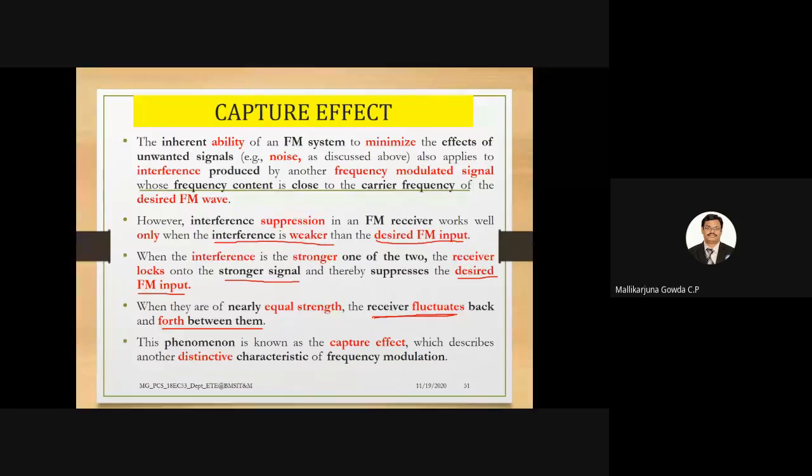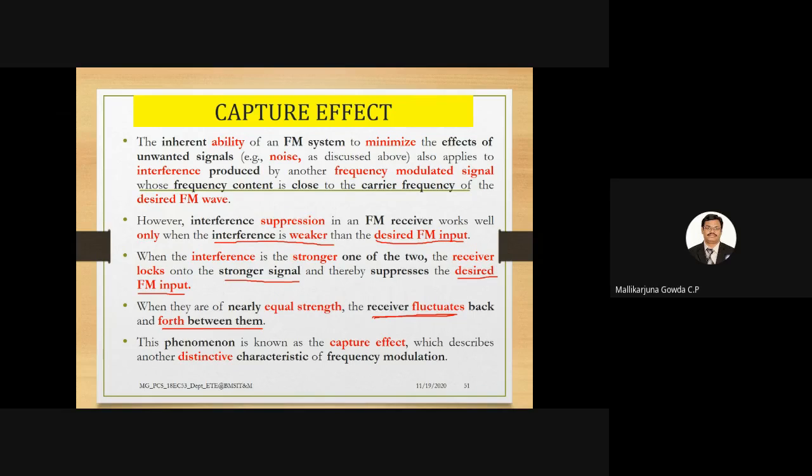When the interference, meaning the desired FM signal and the one which is near to the desired FM signal, right? One is the desired FM signal, and the other one is the undesired one. Why is that undesired? We are interested in an FM signal which is broadcast at 1 megahertz, but I have another FM signal which is broadcast at 1.1 megahertz, right?